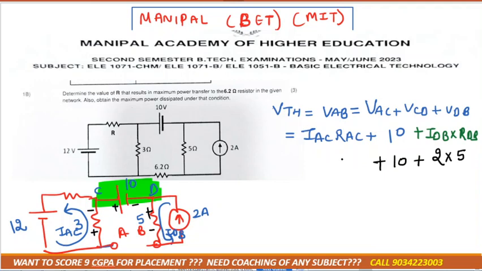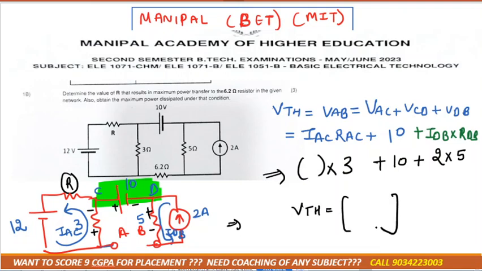IAC we don't know. RAC is R ohm. IAC we can calculate by using mesh analysis. I don't know the value of R here, but after getting it, we'll get the value of IAC. Okay, so we can substitute it over here, then we'll get some value for VTH.